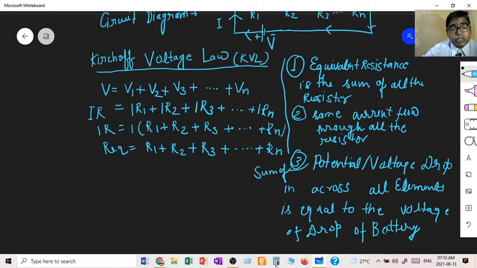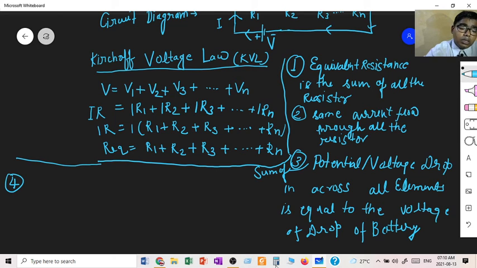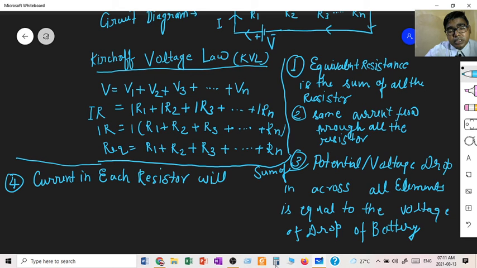And you have noticed that the current in each resistor will be independent of its relative position.